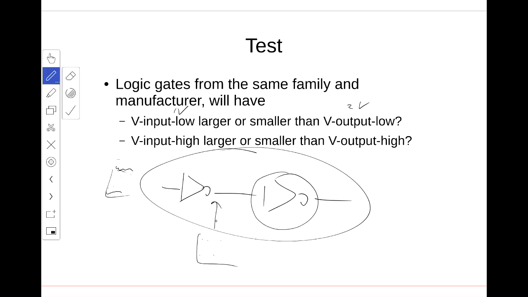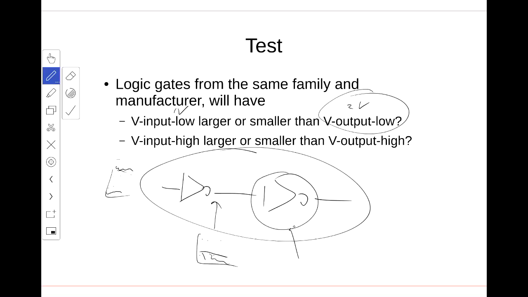The output here is going to be some number between 0 and 2 volts, because that's the guarantee this logic family gives me: if the output's supposed to be a 0, then the true output voltage will be less than 2 volts.